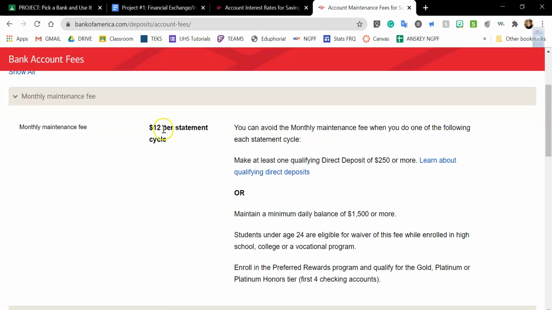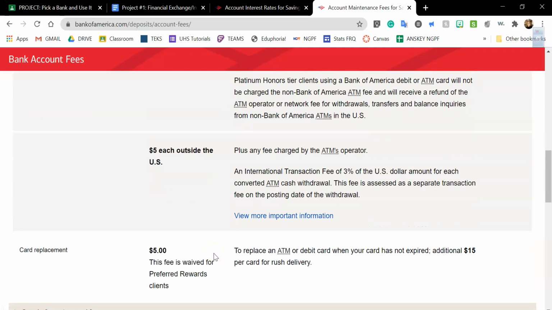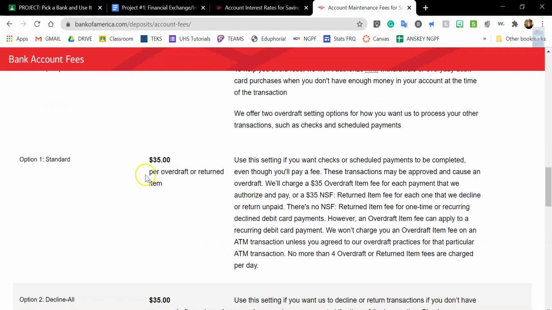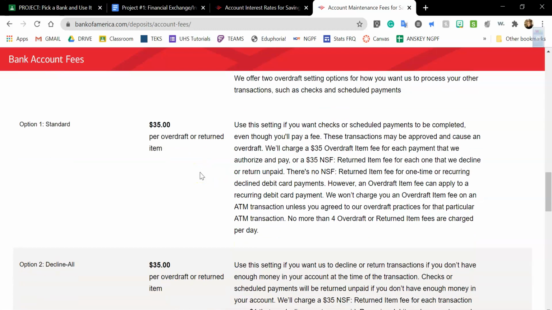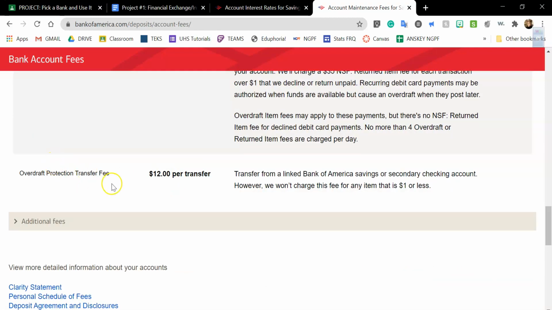This Advantage Plus is $12 per statement, and same ATM, same card replacement. Then you can have the option of turning on overdraft, which means that they go ahead and let you pay so you never are declined, and that's $35 per overdraft. And then overdraft protection transfer fee is $12 if you want to automatically transfer money into savings if you don't have enough in checking.